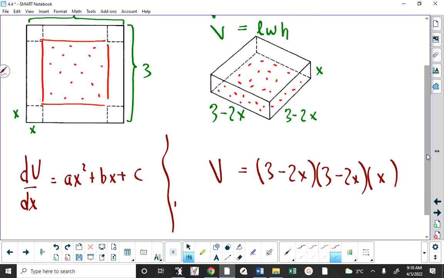When you differentiate a degree 3 polynomial, you get a degree 2 polynomial. To find the critical values, you would set it equal to 0. I'm guessing it's not going to be factorable, so we'll finish that this afternoon. Did I write something down wrong there? No? Okay.